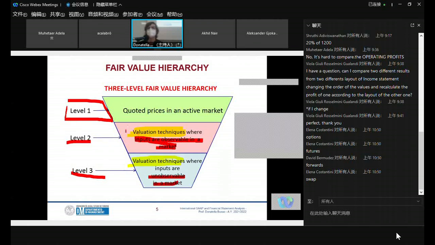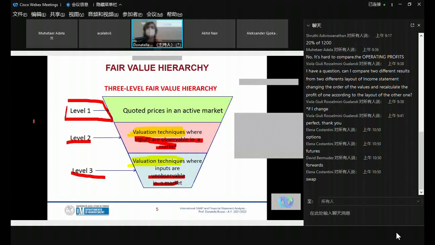So the company needs to determine the fair value using valuation techniques. The valuation technique, for example, for a forward is just one. At the end, it's a present value. A little bit complex, but the present value.